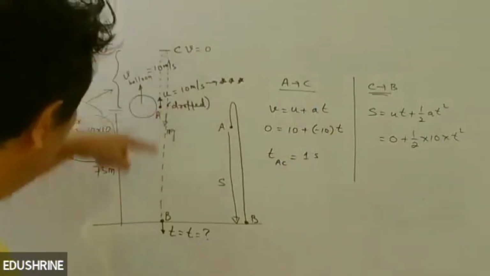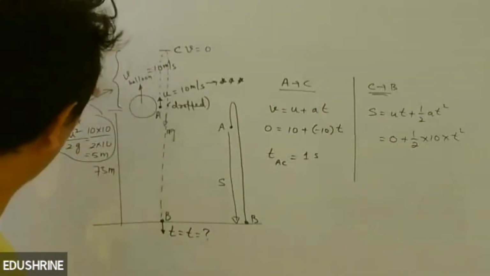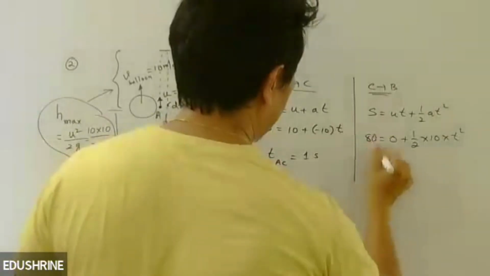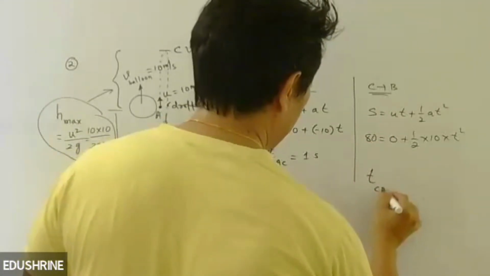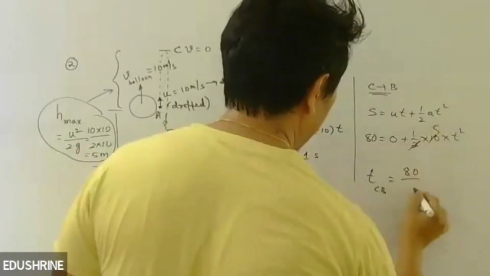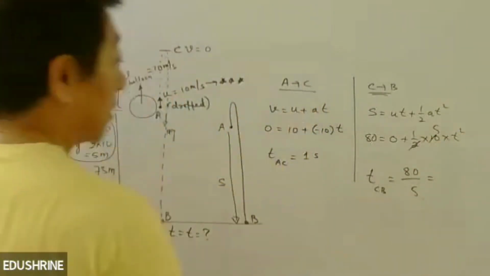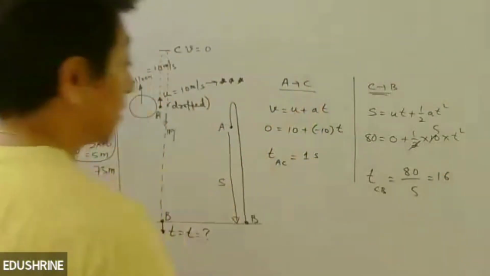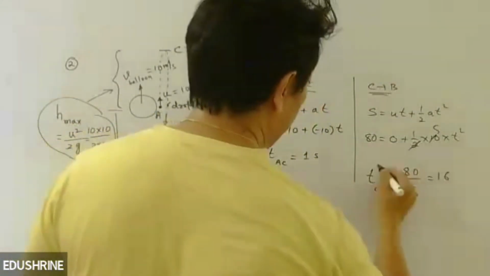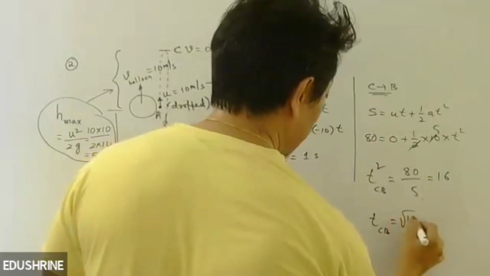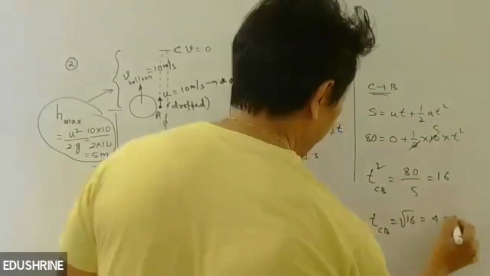Displacement is how much from C to B? Here is 5, here is 75. So 80. So time taken from C to B will be 80 by 5. The 2 5s are 10. 5 of how much is 80? 16. This is time square. So what will be time taken? Square root of 16, 4.